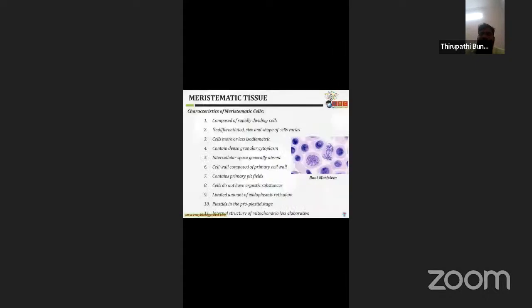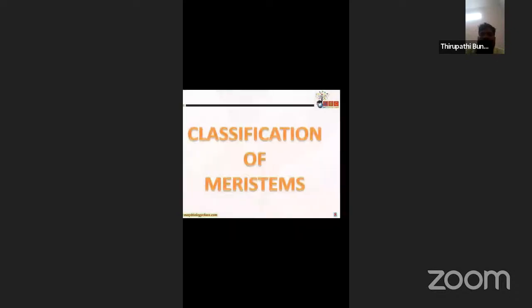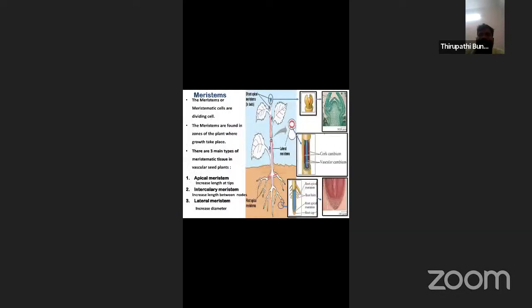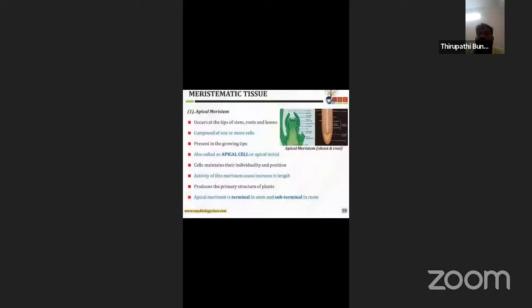This is apical meristem information. The number of apical cells varies in different plant groups.